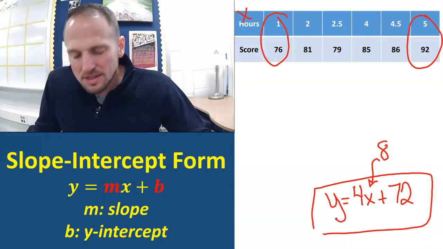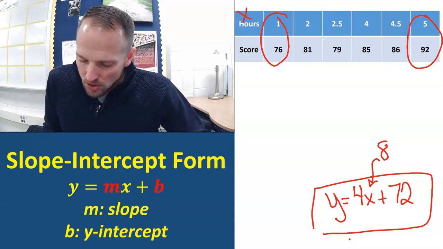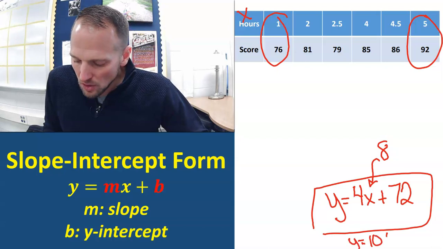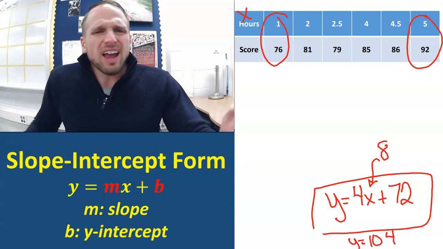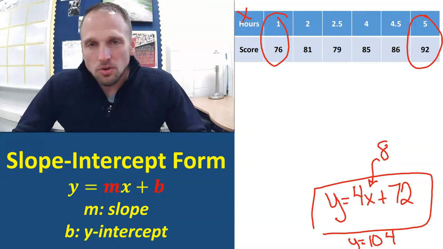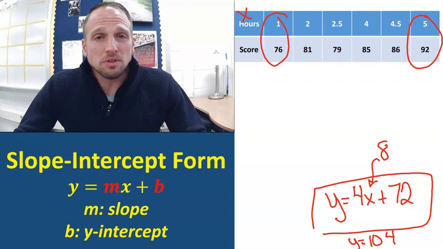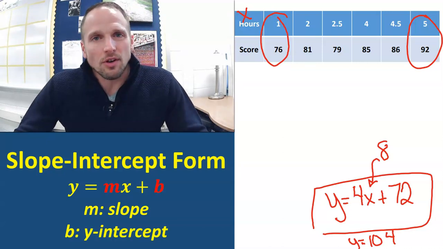Well, 4 times 8 is 32, plus 72 is going to be 104. So I ask you, is this logical that you're going to get 104% on your test if you study for 8 hours? No, it's not. You can't score over 100% on your test.